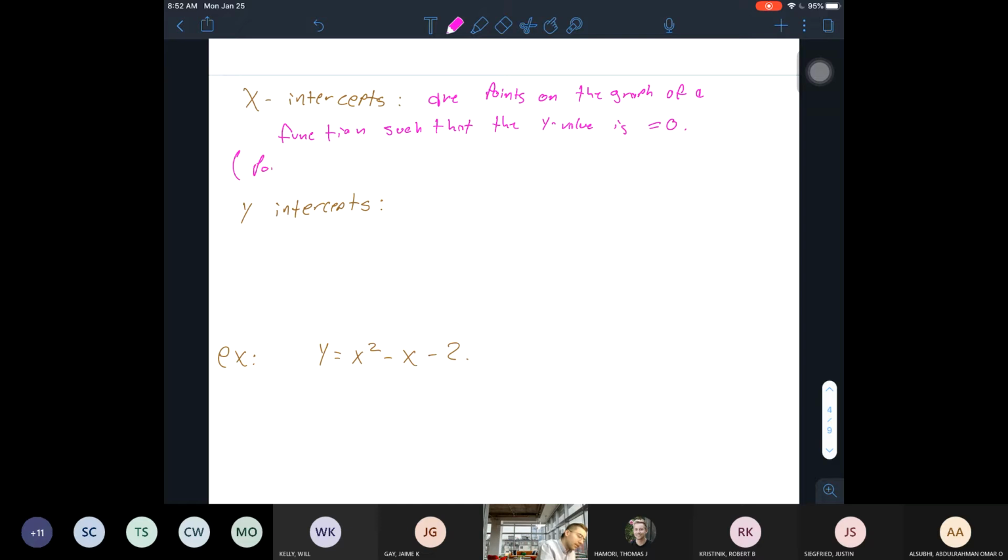So in other words, points of the form a comma 0, which satisfy the equation.